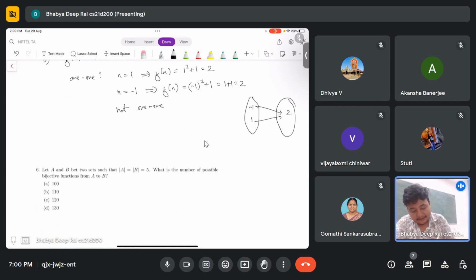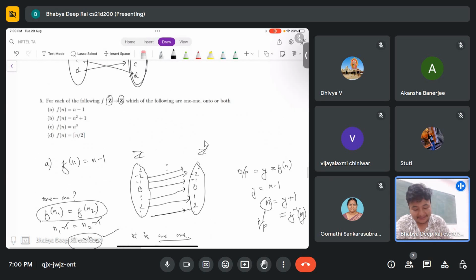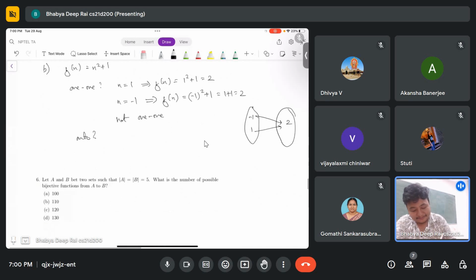Good. Then next is asking onto. Is it onto? Are all elements getting covered? That is what we are saying. n square plus 1, that's what they are saying, right? So this will only give some perfect square plus 1.